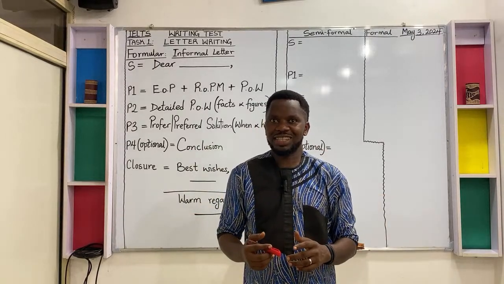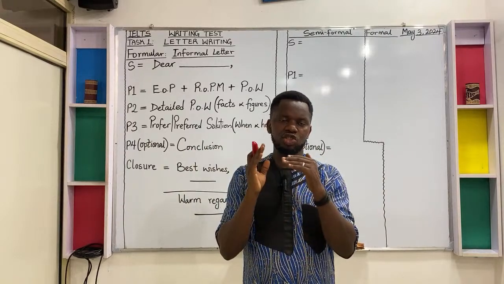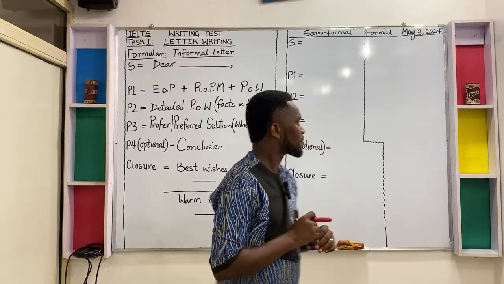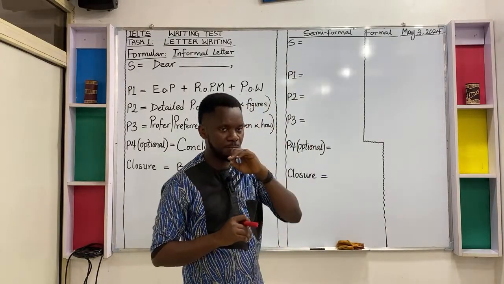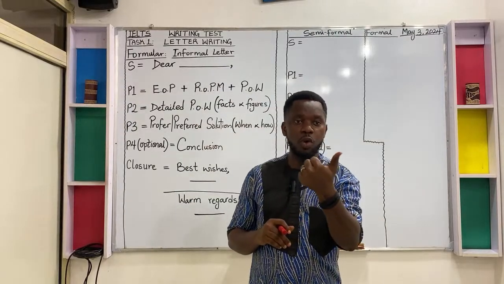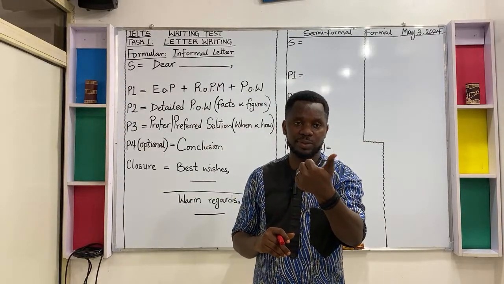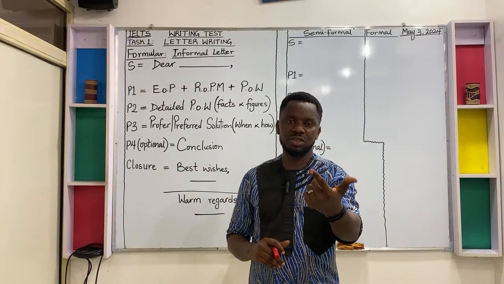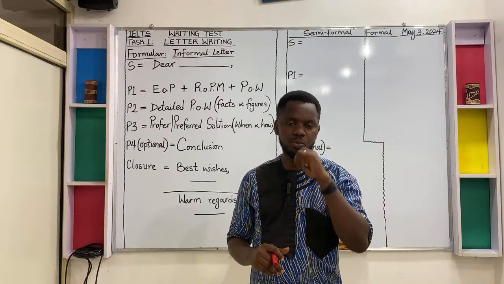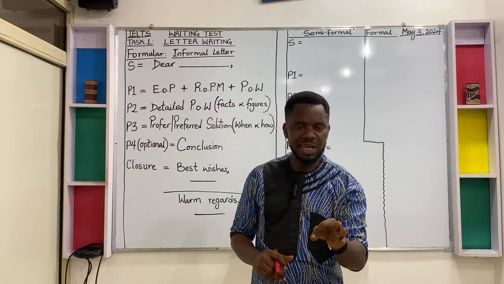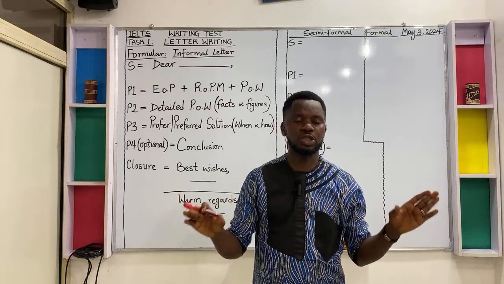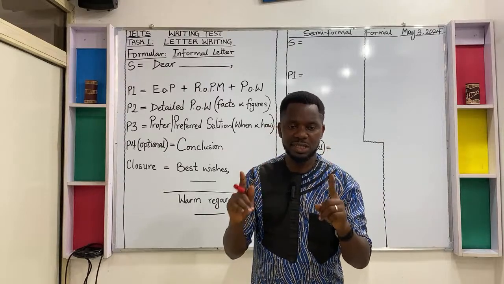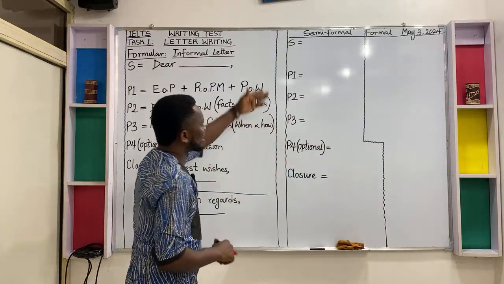So at this point, you are writing a strictly formal letter, unlike a semi-formal letter, where you write to someone you have an official relationship with, whose name and marital status you know. In formal letters, you have no such information and no such relationship with the person. Okay? So how does it work?